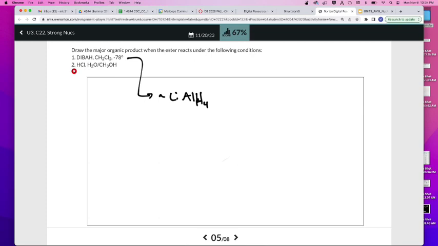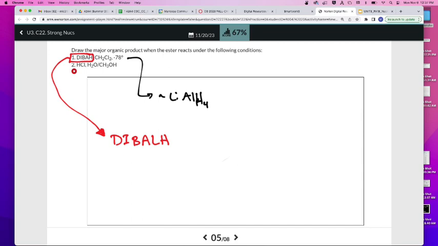I personally don't like the reference of DIBAH. I think that is a bit misleading. This is pretty much strictly a memorization kind of question. How I would reformat this question is, number one, I would probably also say this DIBAH thing, but what you would see from me is DIBAL with an H, with the thing in between the Al and the H that I just drew in there.